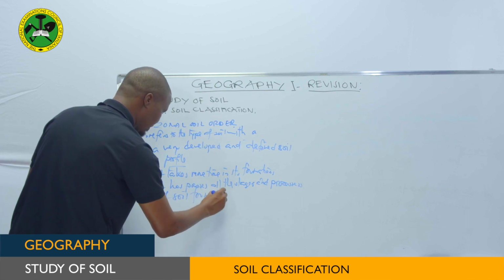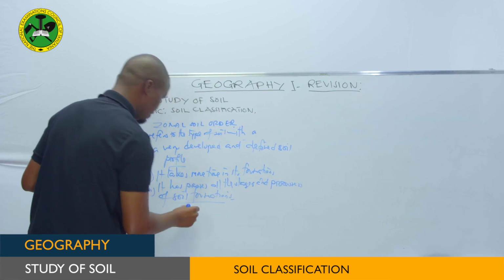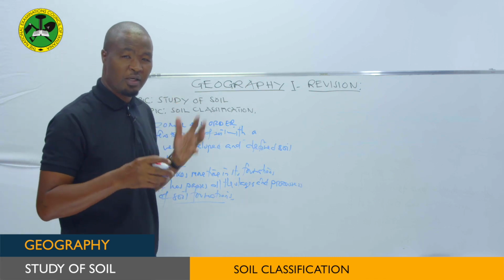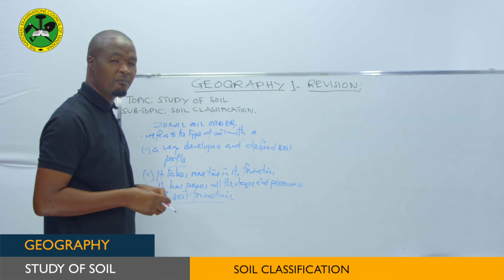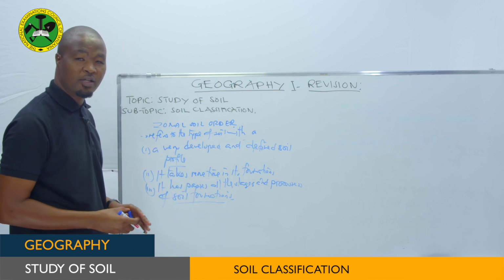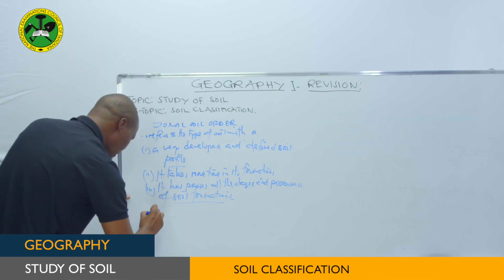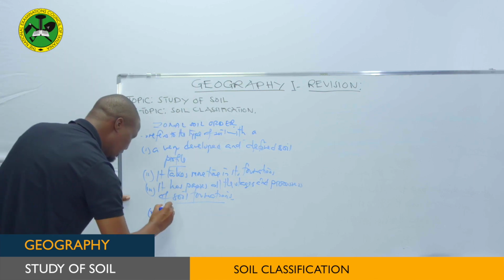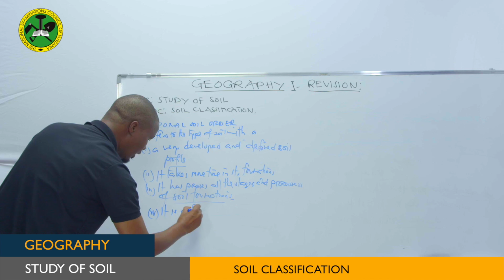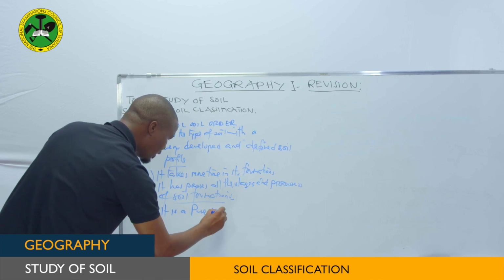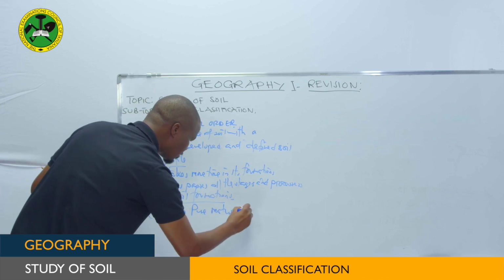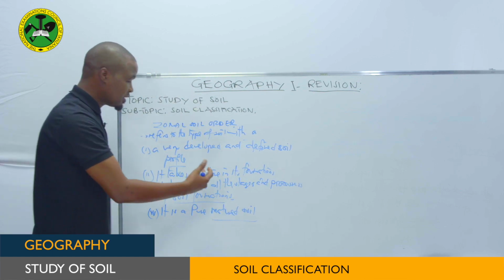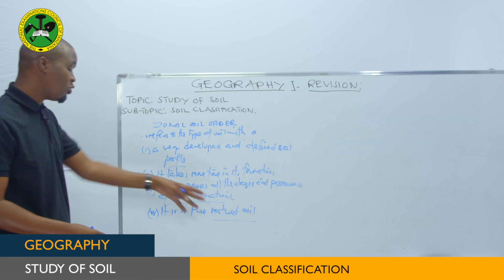It means it passes all the stages in the process of soil formation, from the weathering to eluviation, leaching, humification, etc. So if it has all these characteristics, then you say it is a pure, matured soil. It is a soil which has undergone enough processes in time in its formation, so we call it the pure, matured soil.